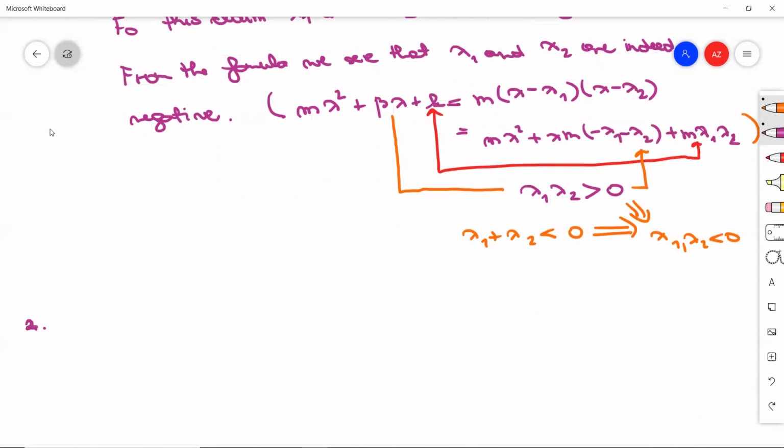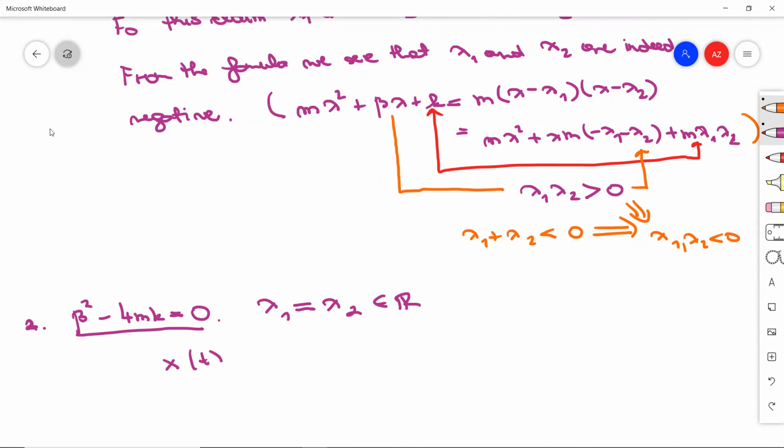So the second option is that beta squared minus 4mk is equal to 0, which means that lambda 1 and lambda 2 are both real and the same.